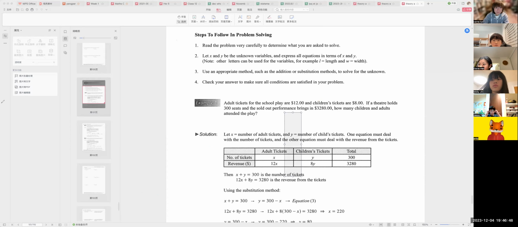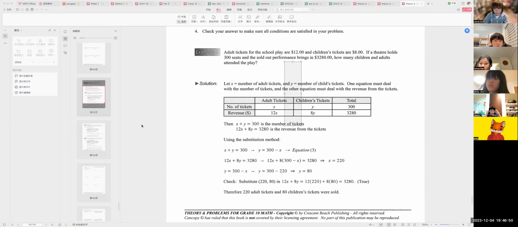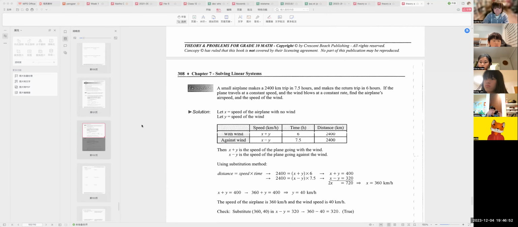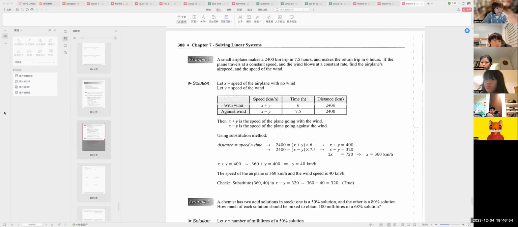Yes. Okay, so let's take a look at number 2. A small airplane makes a 2,400 kilometer trip in 7.5 hours and makes the return trip in 6 hours.